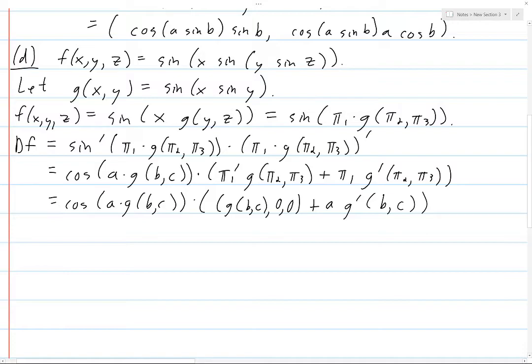Remember, when we're taking g prime here, we're actually doing it in 3 variables. We have the a there still, and the first variable is going to be 0 because there's no a inside here, because it's just g prime of b comma c.